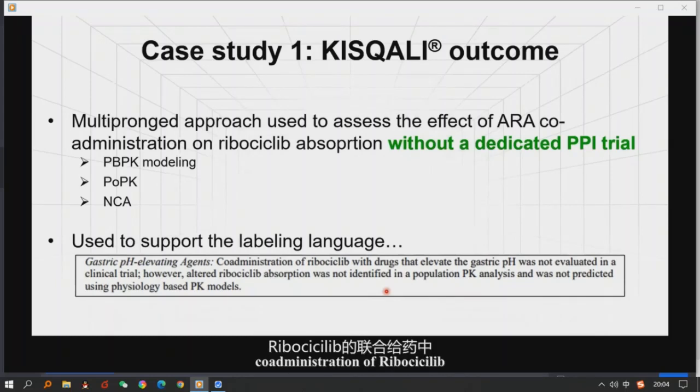So co-administration of ribociclib with drugs that elevate the gastric pH was not evaluated in a clinical trial. However, altered absorption was not identified in POP-PK and was not predicted using physiologically based PK models. So the modeling, this multi-pronged approach, avoided a dedicated clinical trial.